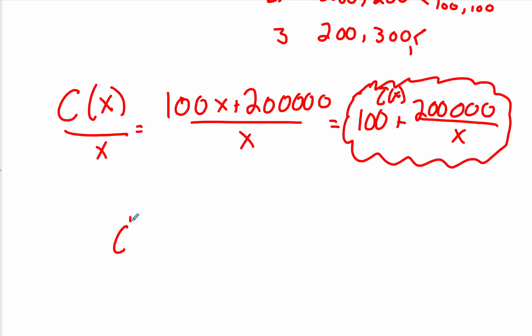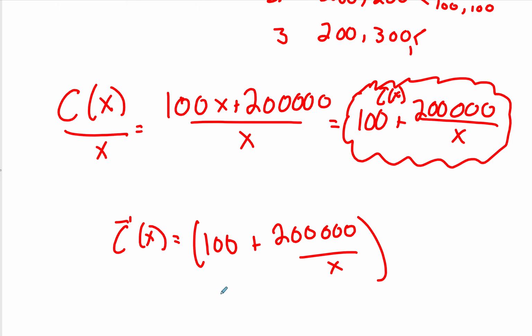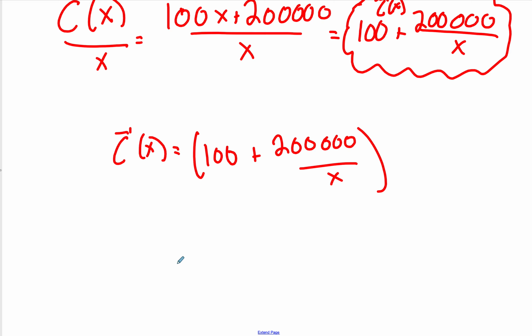To find the marginal average cost function, as the notation indicates, you need to find the derivative of the average cost function. In other words, the derivative of 100 + 200,000 out of X. If we're going to find this, we'll use the sum rule. So this goes away because the derivative of a constant is nothing.